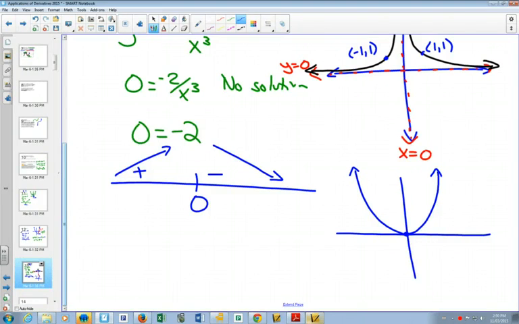And then on a reciprocal graph, this is y equals x squared. So if I wanted to graph y equals 1 over x squared, wherever it's 0, there was an asymptote. We learned that if it kept getting bigger and bigger, 1 over that would keep getting smaller and smaller.